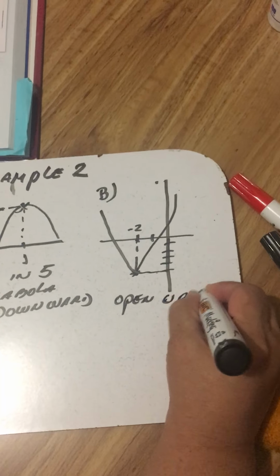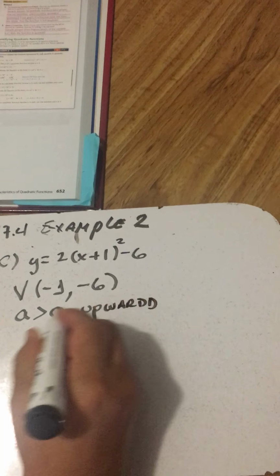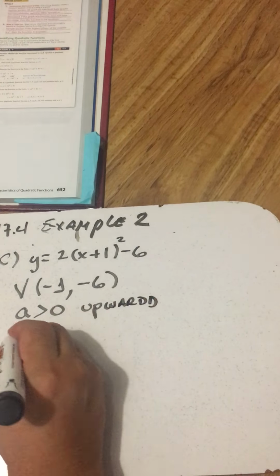C, we have the equation y equals 2 times x plus 1, sorry, this is squared, minus 6. Now, the vertex here, if you see, is going to be minus 1, comma, minus 6. The a is greater than 0, then it is upward. Then we obtain the minimum in minus 6.